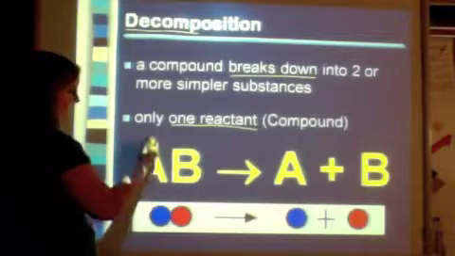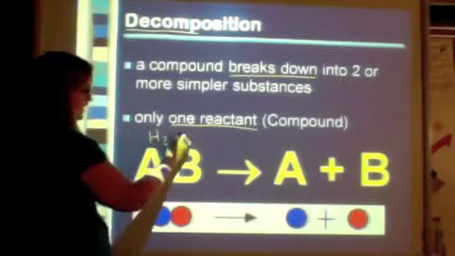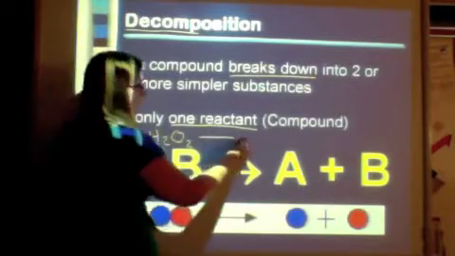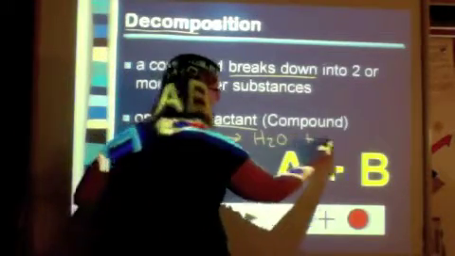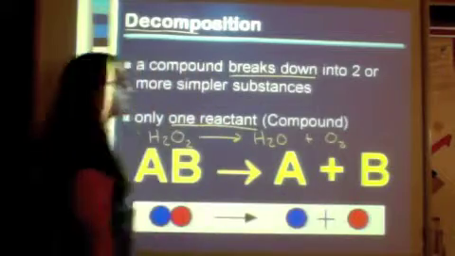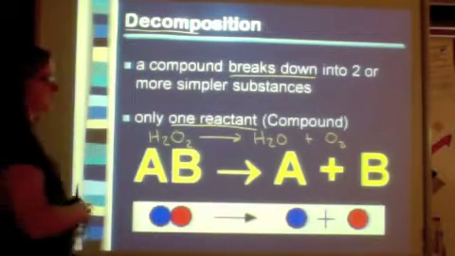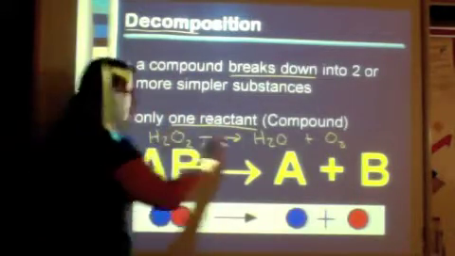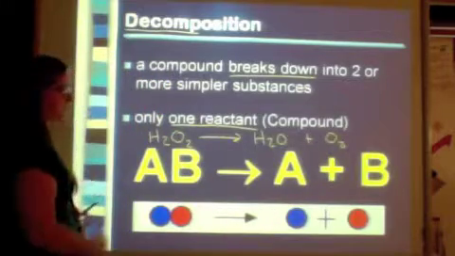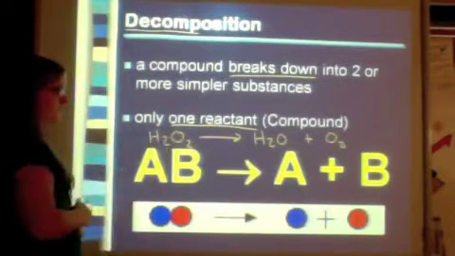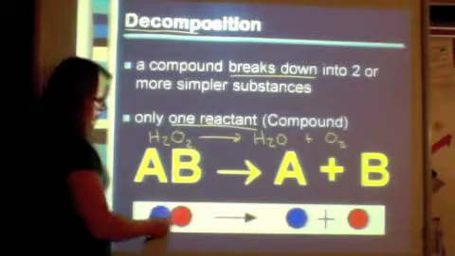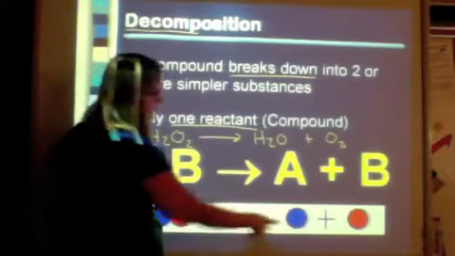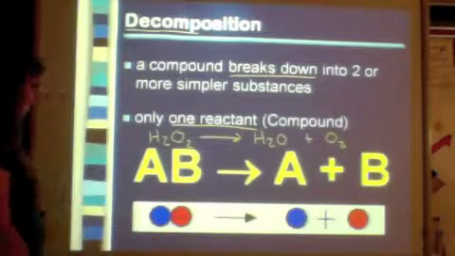So for example, H2O2, when it breaks down, it forms H2O plus O2. So you're taking one compound and breaking it apart. The key thing there is that one reactant. And this is just an illustration of what actually happens. So red and blue go together and then they separate.